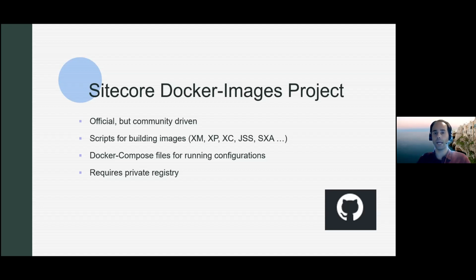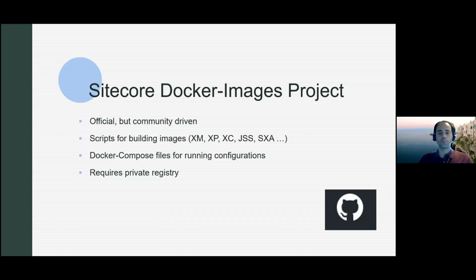If one doesn't exist for a module, there are scripts shared on the Stack Exchange or blog posts about how to convert a normal Sitecore package to a WDP file.